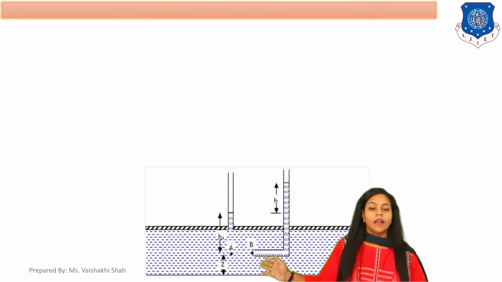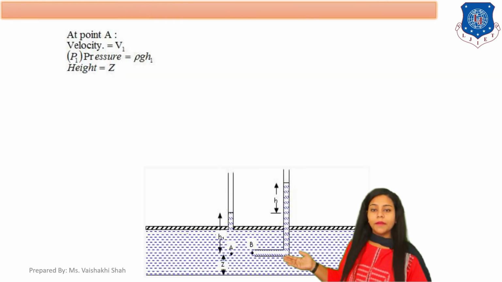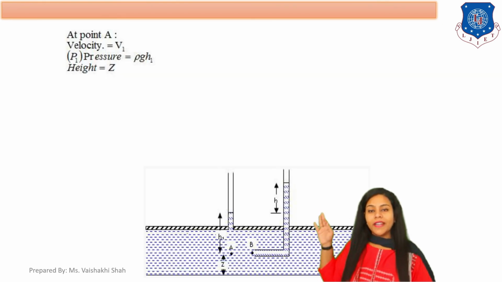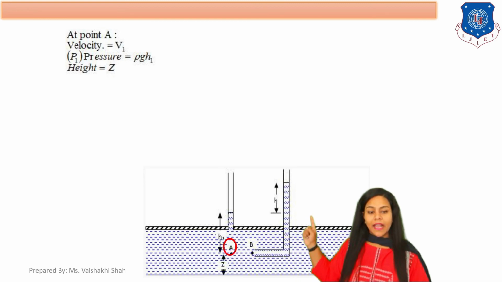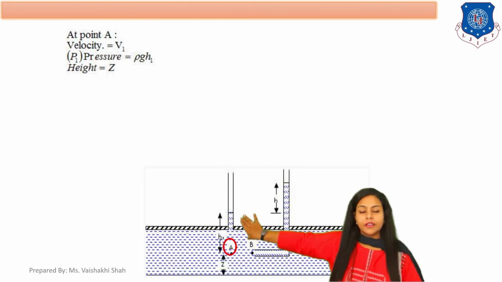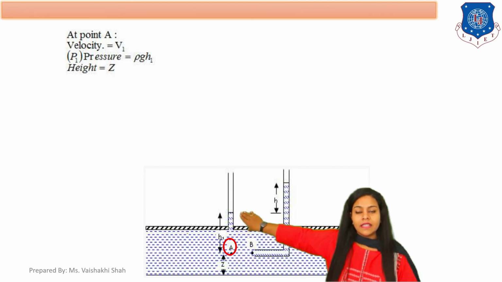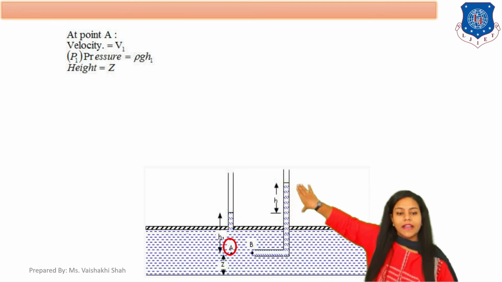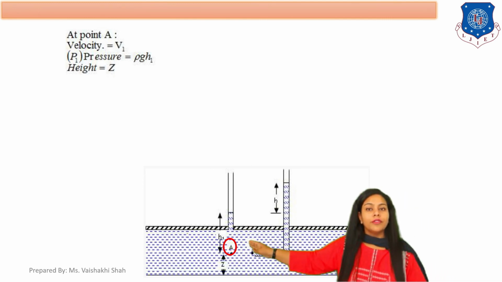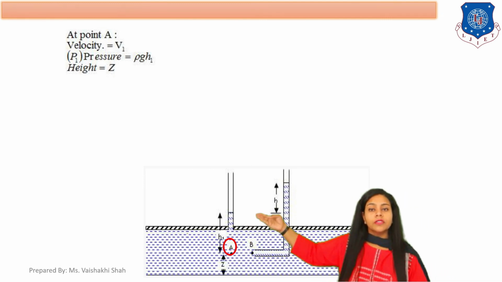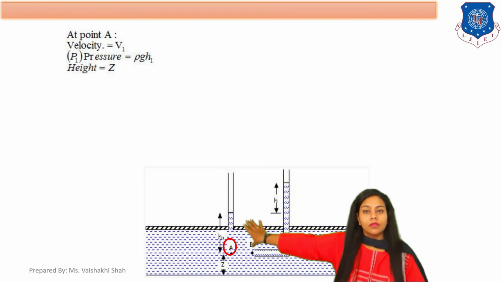Now again, this is the diameter of your Venturimeter. For point A, velocity of fluid is V1 and pressure is rho g H1. There are two heights here: this height is H1 and this height is H. Due to pressure at point A, the fluid moves up to height H1 only.